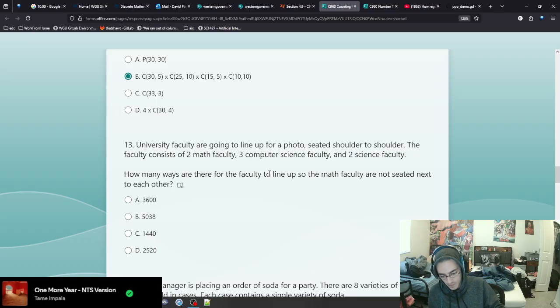There's 12 ways for them to sit next to each other. Or was it 24? Let's see if I have it on my calculator. I totally forgot. No, I put 12. Is that correct? Because there's 6 thingies and then... Yes, so there's 12.